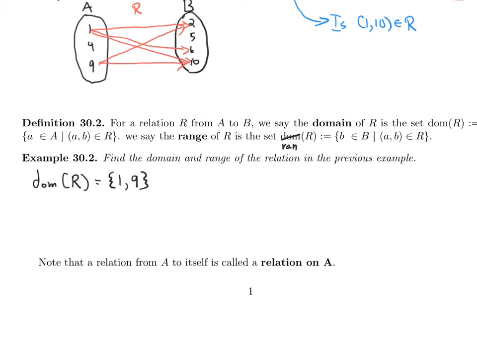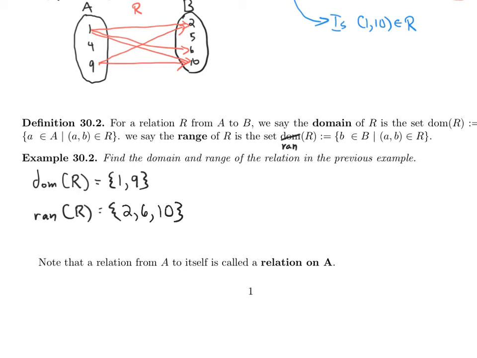So they're all the elements that are related to something. 4 isn't related to anything in B, so we're not going to include 4 in our dom set. And our ran set is all elements of B that are related to something. And they are 2, 6, and 10. So that's the range of this relation.